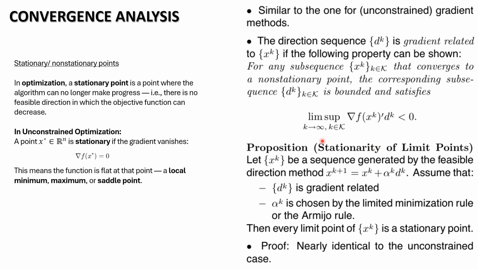I mean, the limit supremum of the product of the transpose gradient and dk is negative if we consider the same set K.